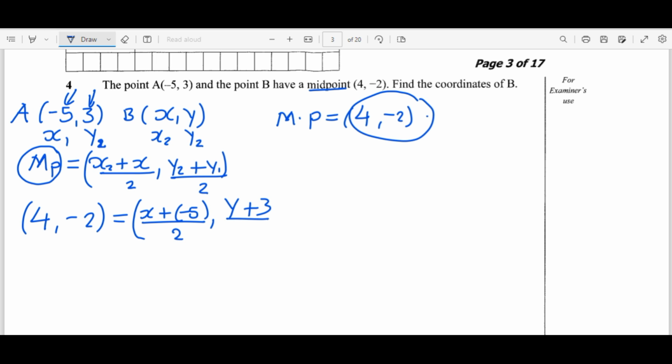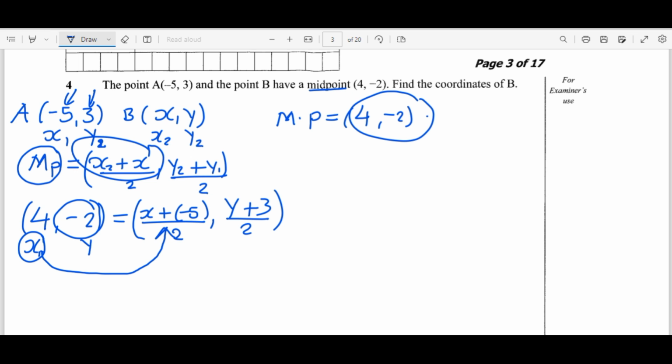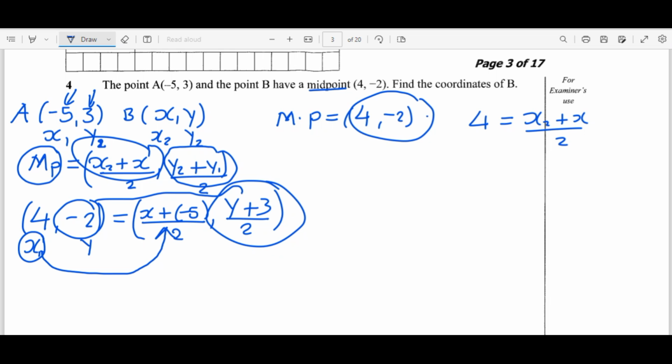Now if you remember, the first number represents the x coordinates. So this one corresponds to the first part, since it has to do with the x. Then this -2 represents the y. So this one goes with this part because it has to do with the y. Or to summarize, we can just say the first number 4 is equal to (x2 + x1) over 2.